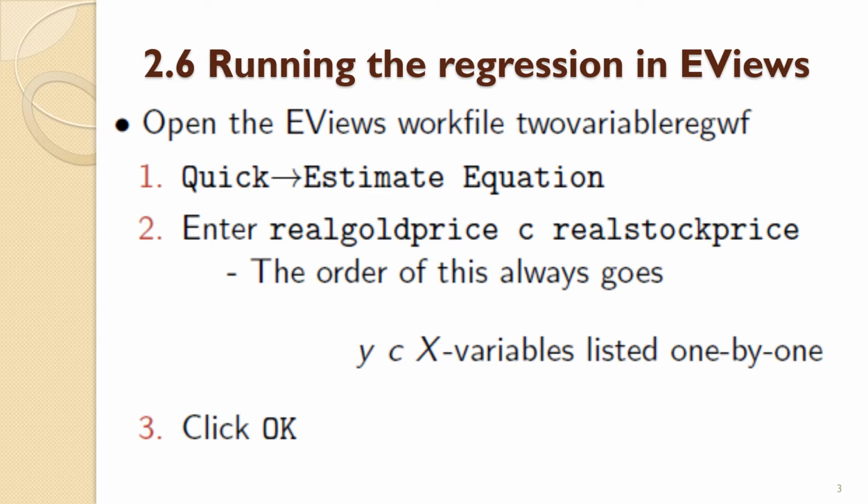So what you should see here then is that there is a set rhyme and reason as to how these things are set out, both in R and EViews, and it's nice and easy to fit a simple linear regression model as we've got here, which describes the relationship between the real gold price and the real stock price.